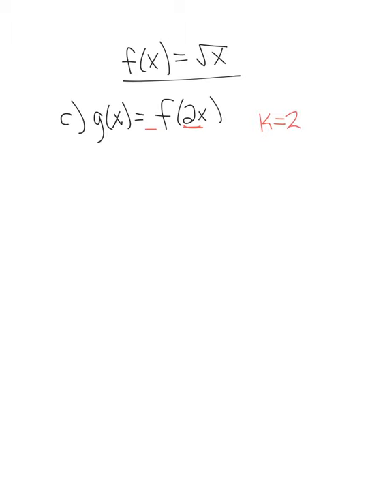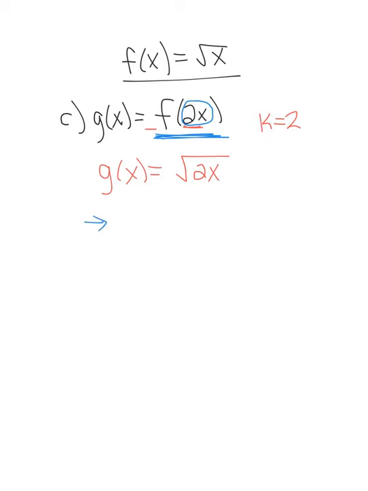So k is equal to 2. So this does change how things look. So when I'm rewriting, my g of x is now equal to the square root of 2x. So what this is saying is that I'm taking my f of x function, except wherever I see an x, I'm replacing it with 2x.